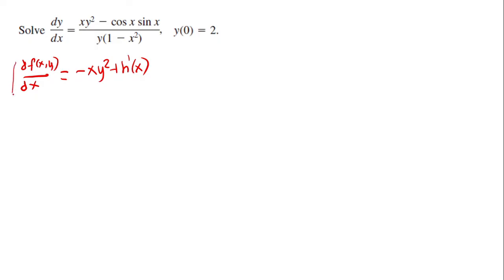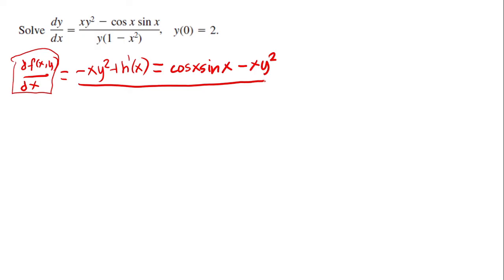And if you notice, this partial derivative of f of xy with respect to x is just equal to our Mxy, which is the first assumption that we made at the beginning. So we can equate this to our Mxy. Our Mxy is cosine x sine x minus x y squared. So now we simplify this equation.